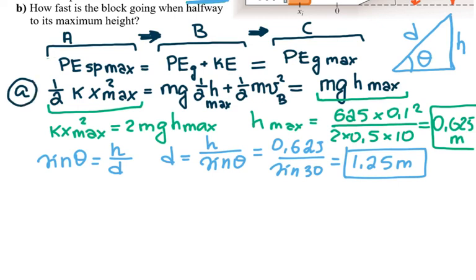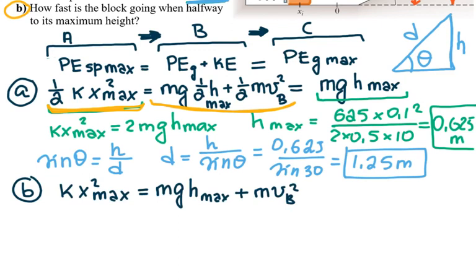Now for part B, I have to find the velocity of the block when it is halfway through. So what I'm going to look at is the yellow part. So I have this and I have this, and I'm looking for the velocity of the block. So I'm going to simplify my equation now. At first, I'm going to multiply both sides of this equation in yellow by 2 to get rid of the fraction.